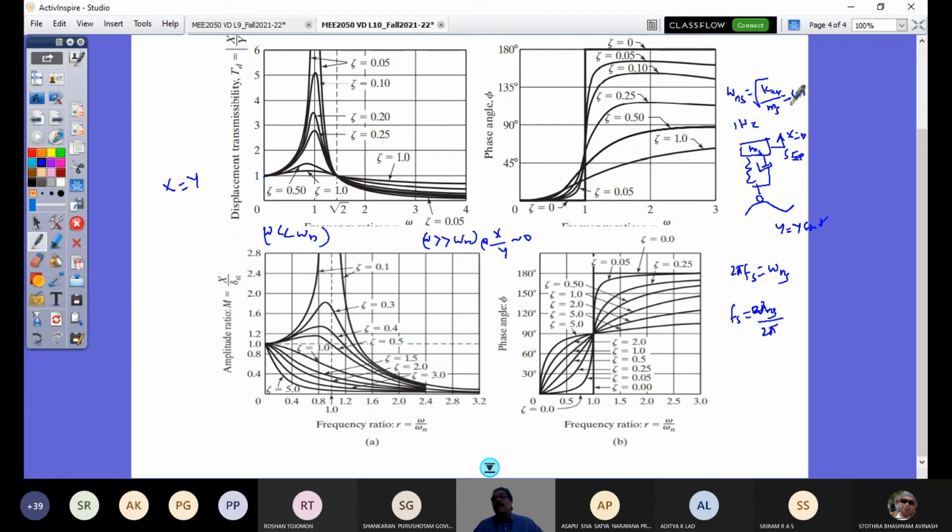Omega ns here would be around 6 point something radians per second. Divide by 2 pi, and you have 1 hertz. That's for taking any vehicle, its mass and suspension, as a thumb rule design. So it will be 1 hertz. If your excitation is much greater than 1 hertz, nothing would happen.